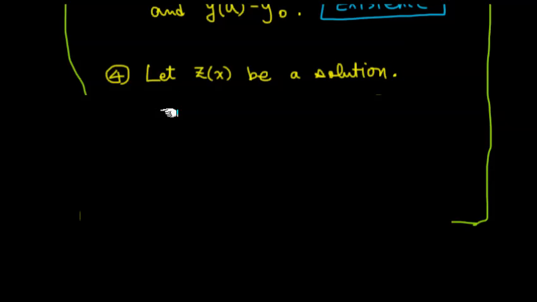Uniqueness will be stated as follows. Z of x is a solution. In the existence part, we exhibited that y of x, as we defined before, is a solution. Suppose there is a solution possibly different from our solution.